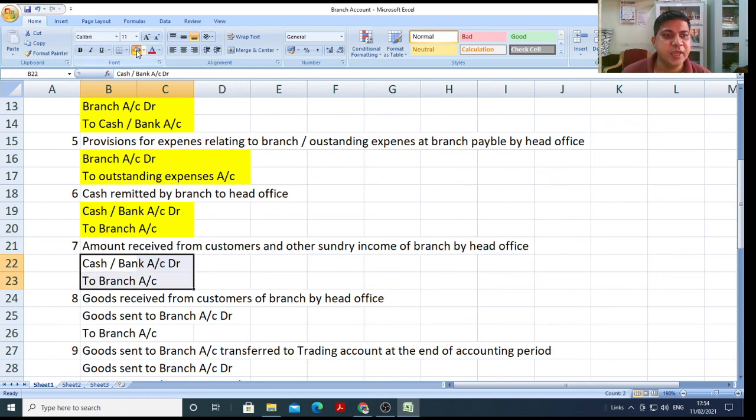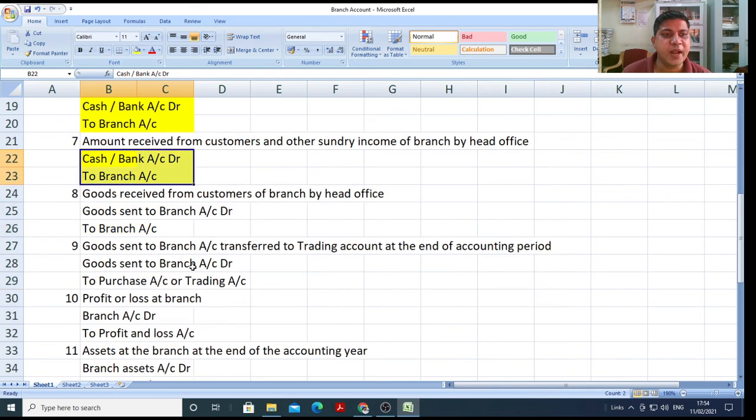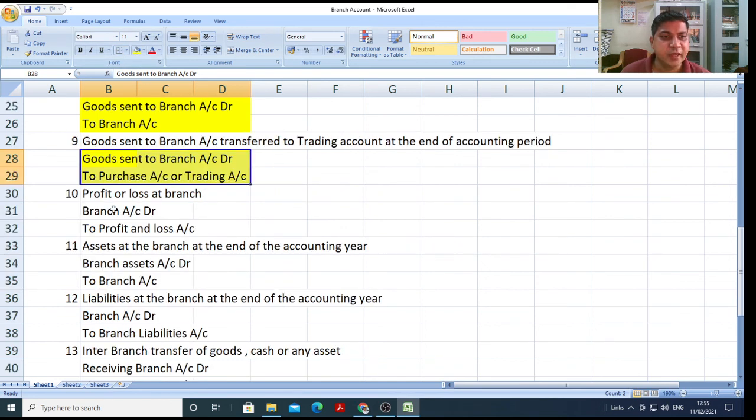Entry will be cash or bank account debit to branch account. Goods received from customer of branch by head office. Entry will be goods sent to branch account debit to branch account. Then goods sent to branch account transfer to trading account at the end of the accounting period. Entry will be goods sent to branch account debit to purchases account or trading account.